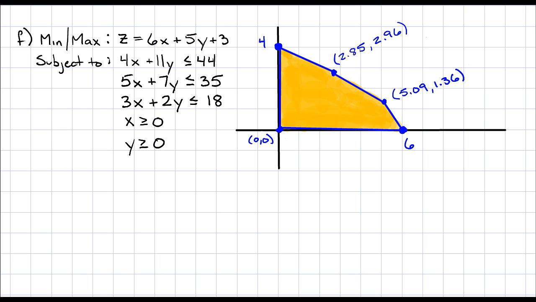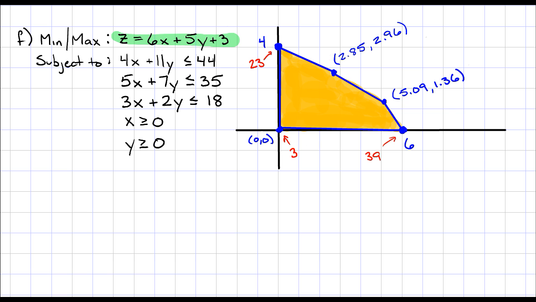Now I plug each one of those points into my objective function. Plugging in x equals 0, y equals 0, I get 3. If I plug in x equals 0, y equals 4, I get 0 plus 20 plus 3. That's 23. And now I'm going to plug in x equals 6, y equals 0, so that gives me 36 plus 0 plus 3, which is 39.